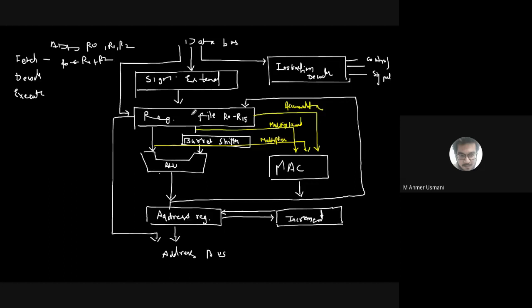What is the name of the register that stores the address of the next instruction? PC. There is a register in the register file by the name of R15. That R15 is basically called the PC. Only R15 will act as the program counter.